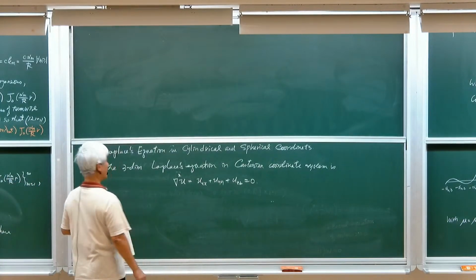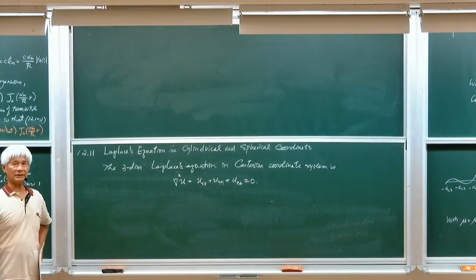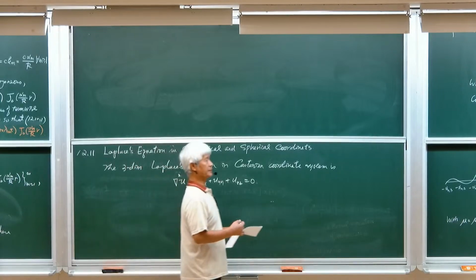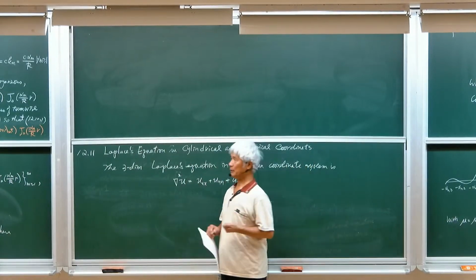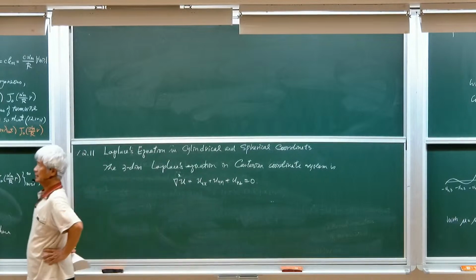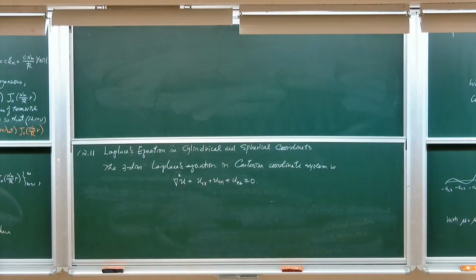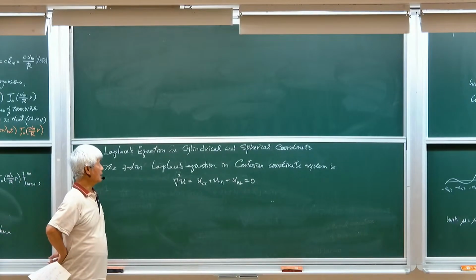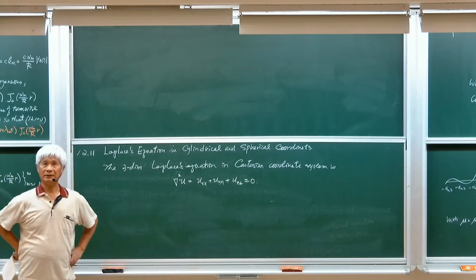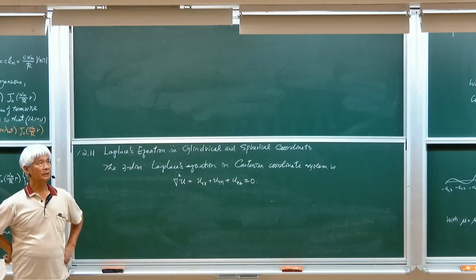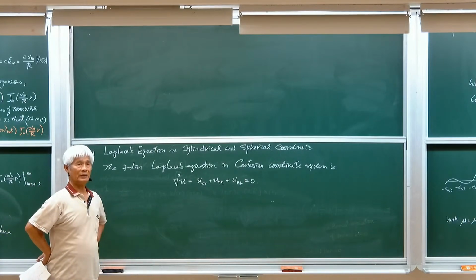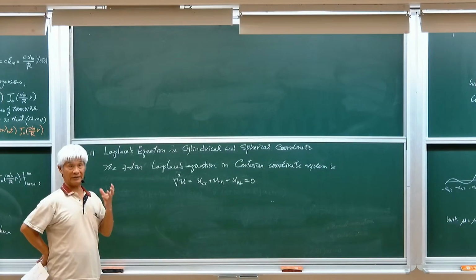Now, in many situations, because of the boundary problem, which quite often occurs in EM theory, we will consider some conducting material as a cylinder, or conducting material as a sphere.